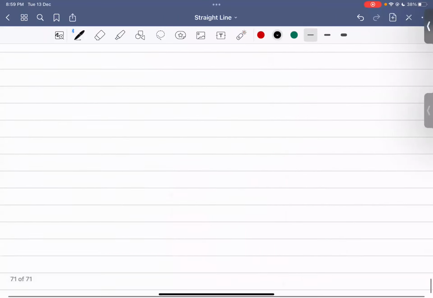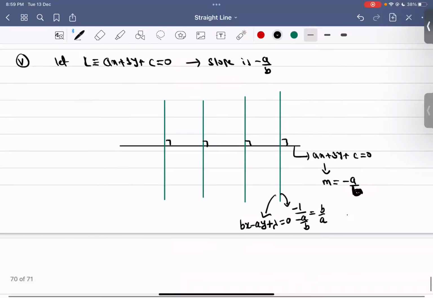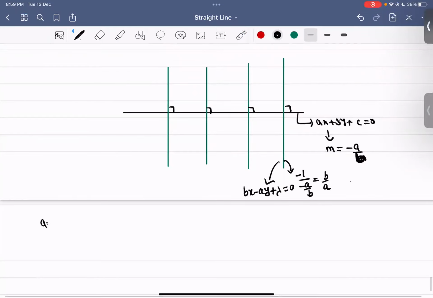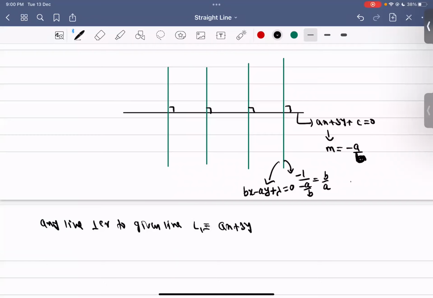Therefore, similar to this one, any line perpendicular to the given line ax plus by plus c equal to 0 can be taken as bx minus ay plus lambda equal to 0.